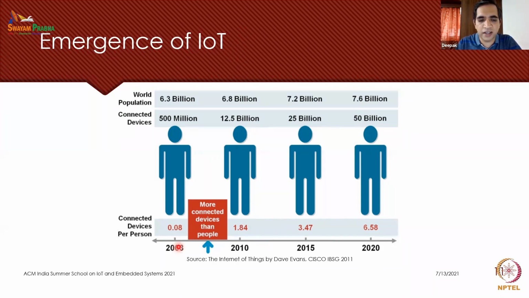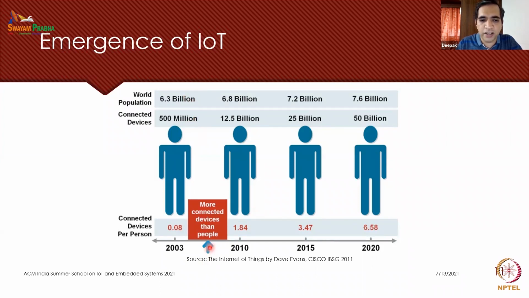So you can see that in 2003, this is data that is collected from a Cisco document, the number of connected devices was about 500 million, and the world population was about 6.3 billion. So here the world population was some orders of magnitude higher than the connected devices.